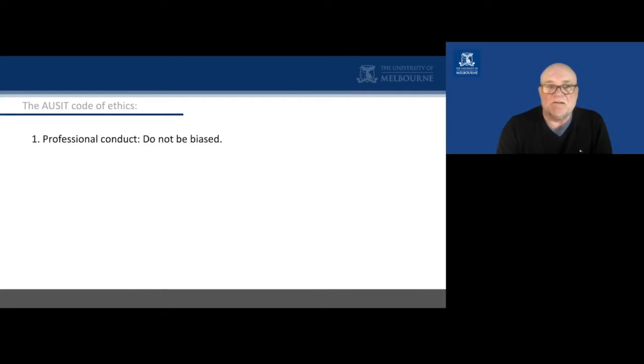You'll see what that means in a minute. Now, here is the NAATI and/or AUSIT Code of Ethics. It's the same thing. It's developed by NAATI. It's adopted by the Australian Association of Translators and Interpreters, and it is adopted in New Zealand as well.